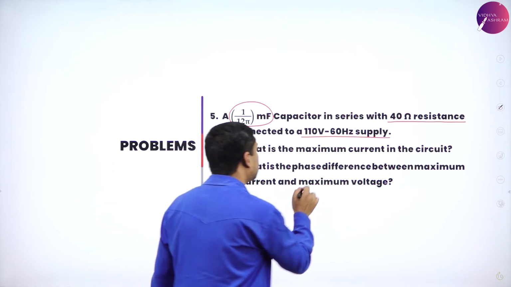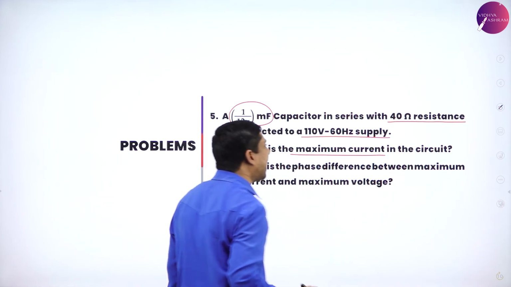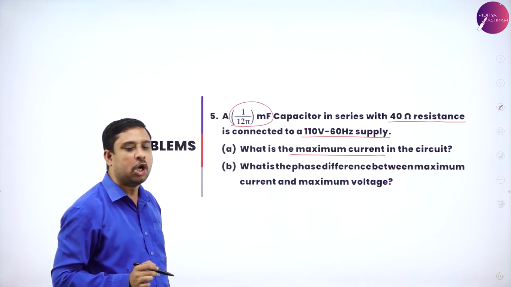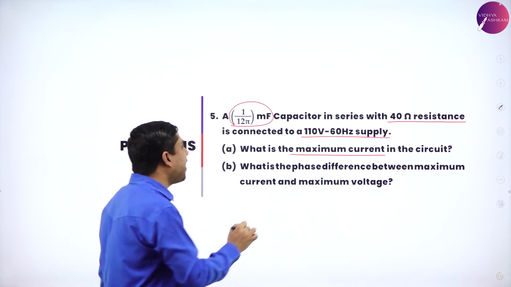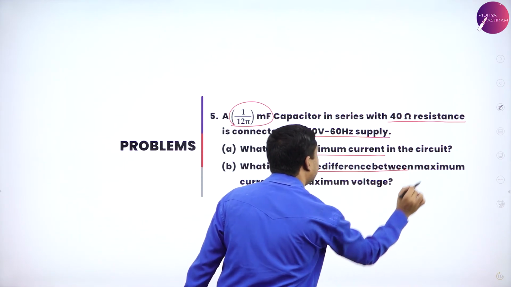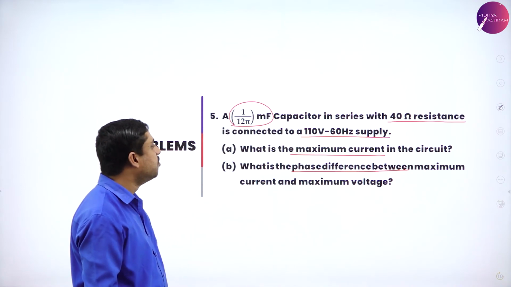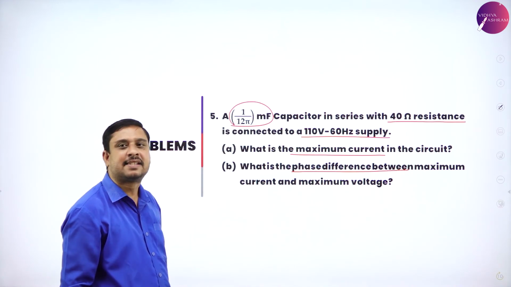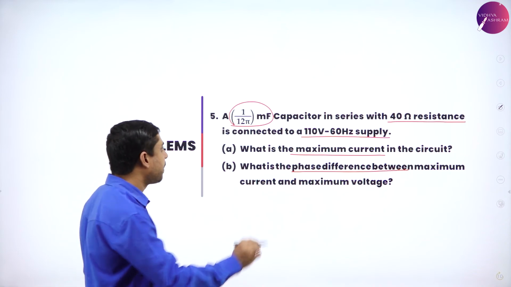First, I have to calculate maximum current in the circuit, then phase difference between maximum current and maximum voltage.